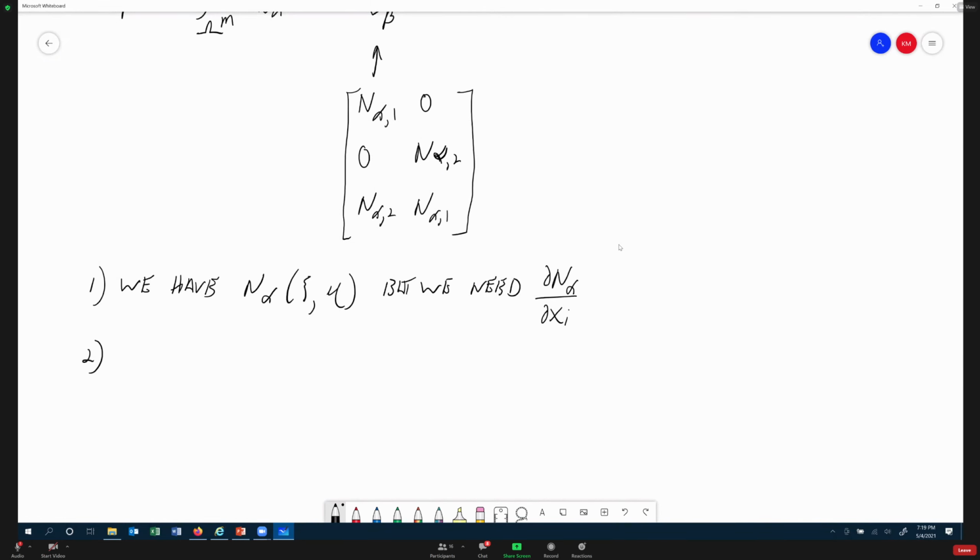And two, how do we actually carry out the integral of omega m, dot dot dot dV? We have this integral.